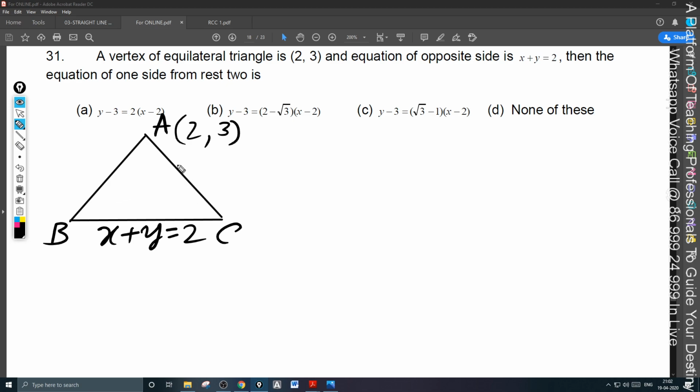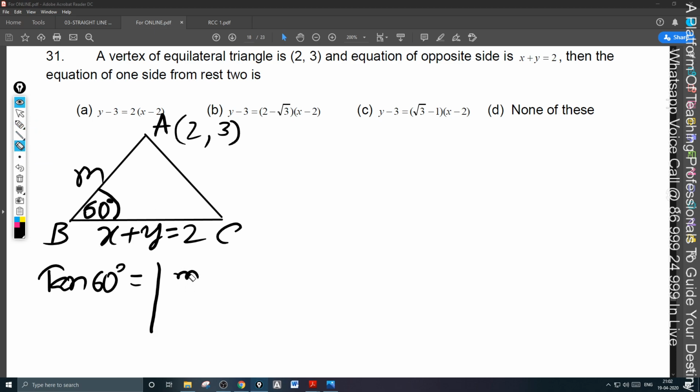Now it is very clear that this angle is 60 degrees in an equilateral triangle. Let this slope be m, because we have to find the equation of AB now. So write tan 60. Because it is an acute angle, you have to write modulus of m1 minus m2 over 1 plus m1 m2.